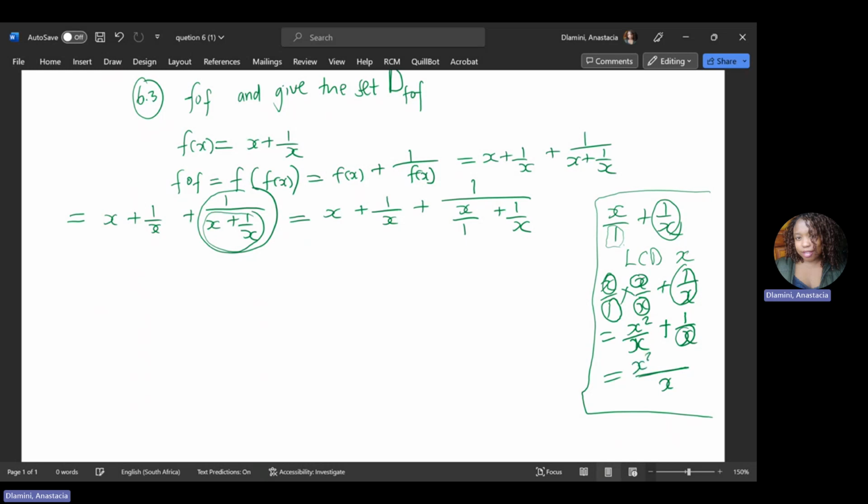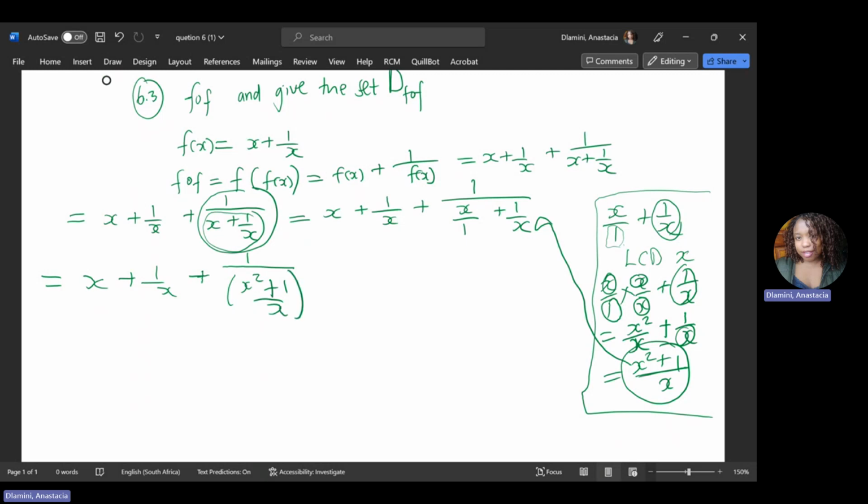So this is x squared plus 1 over x. Now let's substitute it in. So this is equal to x plus 1 over x plus 1 over x squared plus 1 over x.